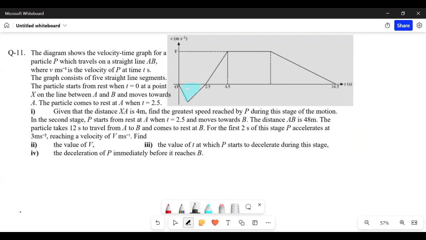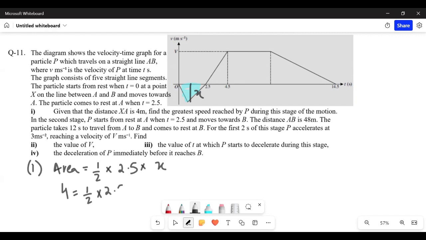So distance is area under the graph. So the area would be half times base, which is 2.5, times height, let's call it x, and area is 4.